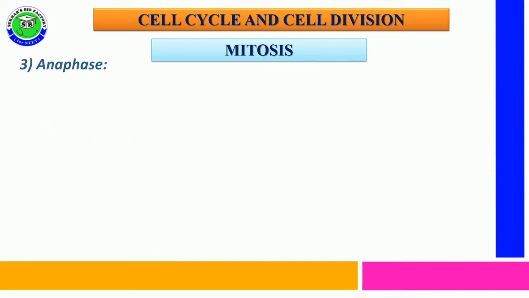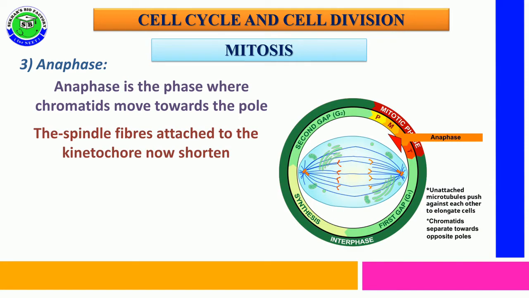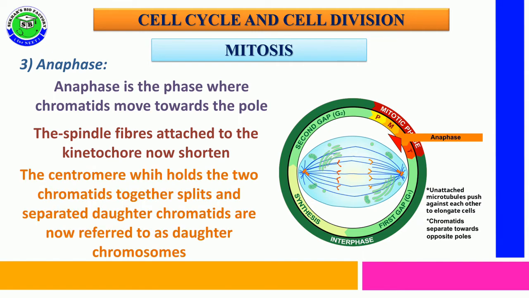Anaphase is the third phase. In anaphase, the chromatids start moving towards opposite poles. When the cell completes metaphase, it enters anaphase, which is characterized by spindle fiber attachment to the kinetochore. In anaphase, the spindle fibers become shortened, meaning the length of each spindle fiber decreases, and they create pressure on the centromere.